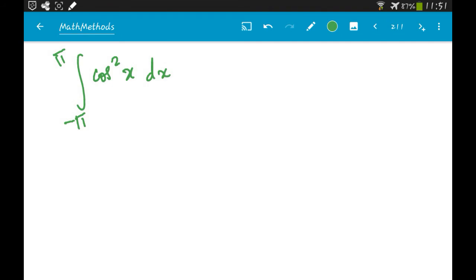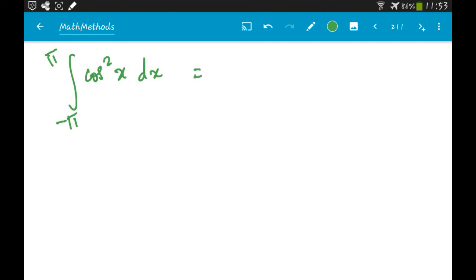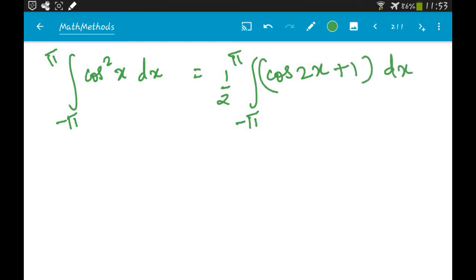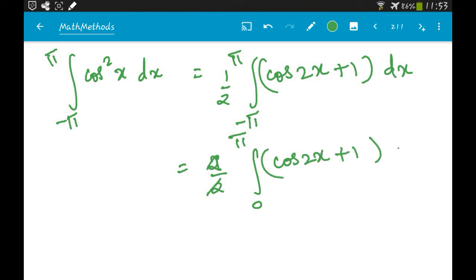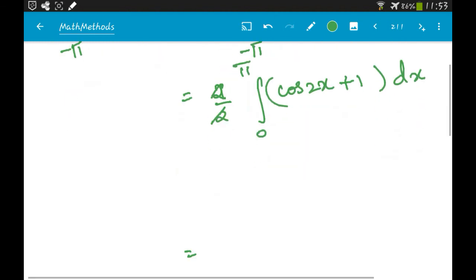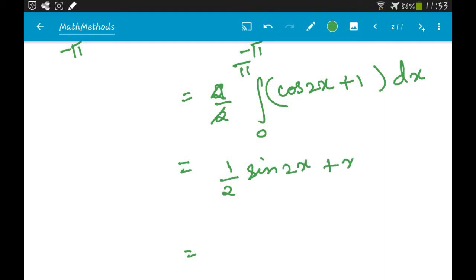Cos square x dx. So this is nothing but the integral from minus pi to pi of 1 by 2 (cos 2x plus 1) dx, which can be simplified to 2 by 2 times the integral from 0 to pi of (cos 2x plus 1) dx, which is 1 by 2 sine 2x plus x from 0 to pi, right?